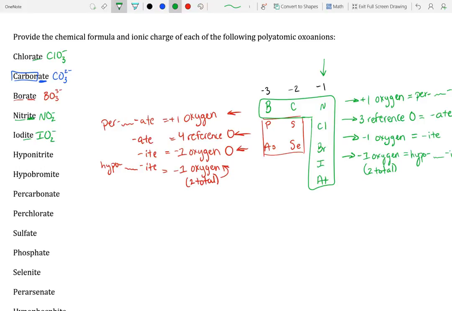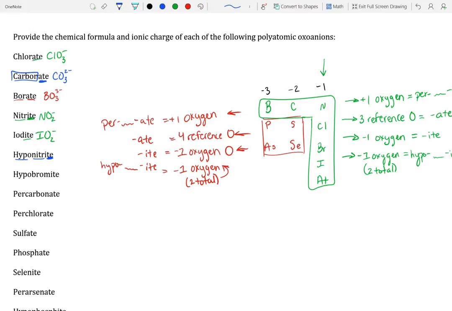So hyponitrite. Let's go and take blue. Hyponitrite. Okay, so identify the root, which is nitr, like nitrate, right? Except now we see a prefix and a suffix, right? So the prefix hypo means that there's been 2 oxygens removed, and that suffix ite right here also agrees with that, right?